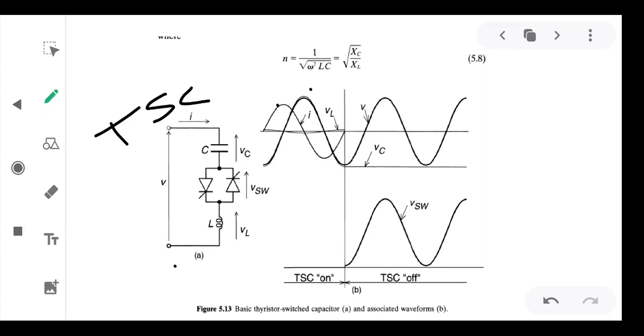And the voltage across the capacitance when the thyristor is switched on is shown negative, at the negative peak, as shown in the top figure of the right side.